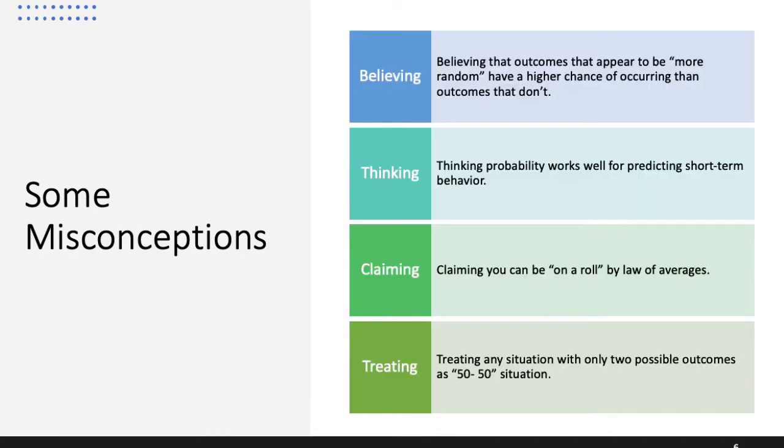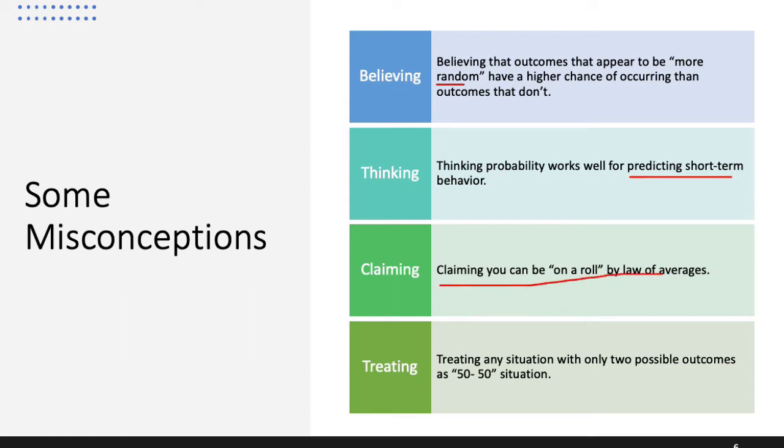Some misconceptions. First, believing that outcomes that appear to be more random have a higher chance of occurring than outcomes that don't, like the previous example. Thinking probability works well for predicting short-term behavior is absolutely not correct, because probabilities are basically looking at all possible outcomes and selecting a certain specific outcome from the whole.